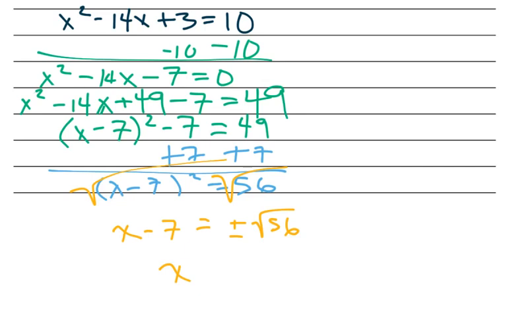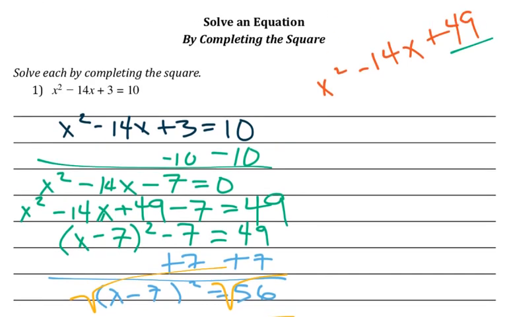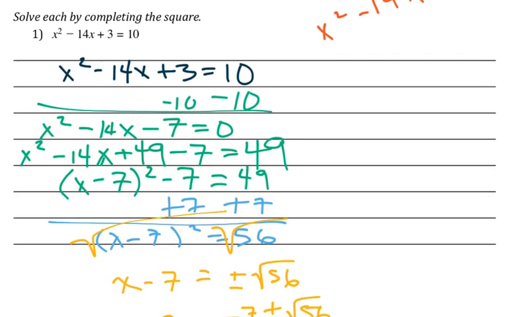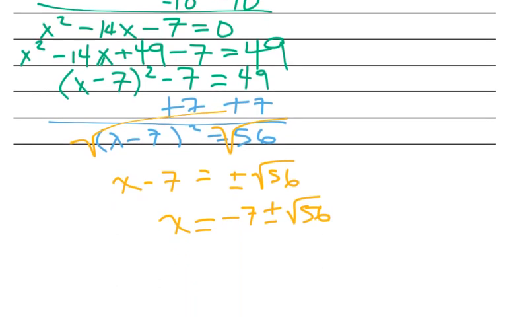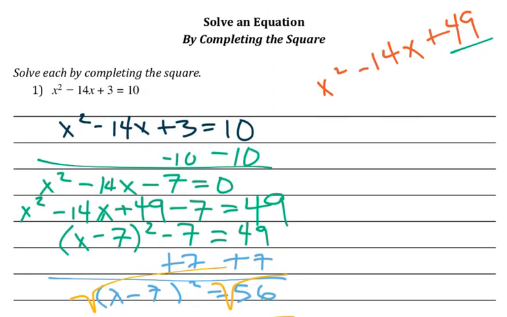And then I'd rewrite this as x is equal to negative 7 plus or minus the square root of 56. And since they say to either round to the nearest tenth or not, you have the choice of typing this in your calculator and getting tenths or leaving it as it is. Both will be acceptable formats.